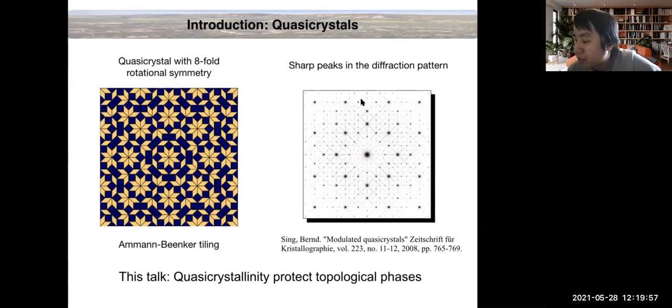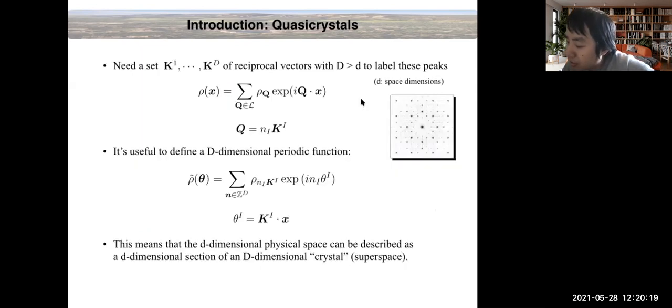On the right, you see the diffraction pattern, with various sharp peaks even though there's no translation symmetry. Here, the 4-fold rotational symmetry is not relevant. Even if you break it, the sharp peaks are still there. So this talk is about how to understand these phases.